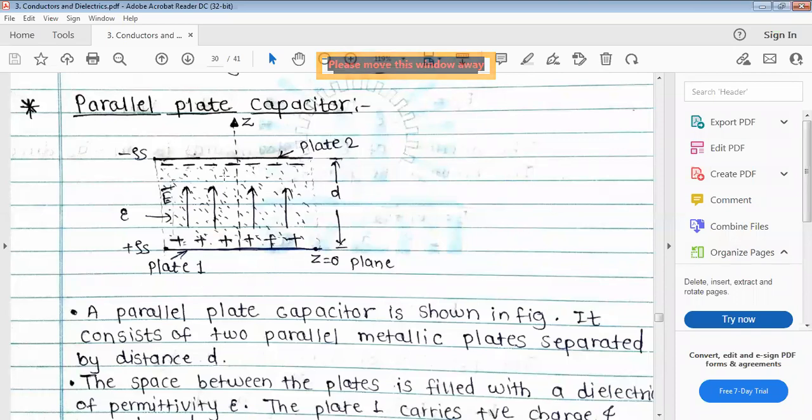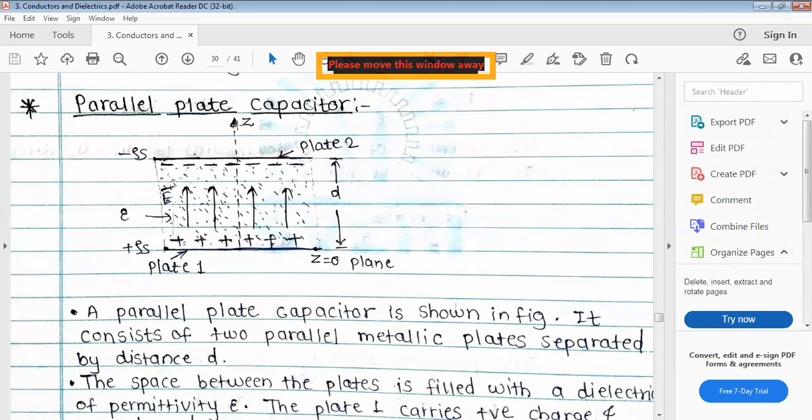In between them the dielectric material is there, and that material has permittivity epsilon. The surface charge density at plate 1 is plus rho s because it is positively charged, and the surface charge density at plate 2 is minus rho s as it is negatively charged.